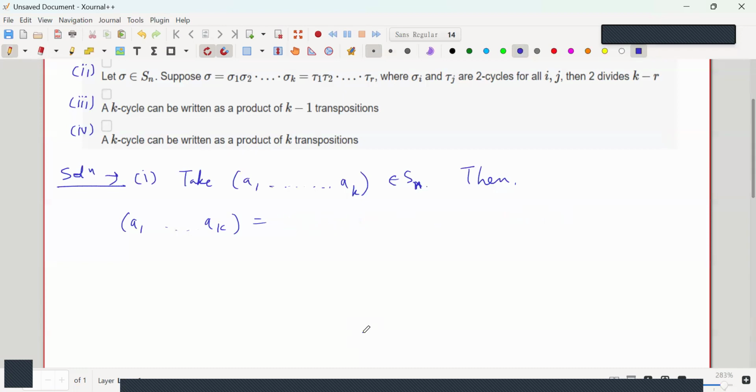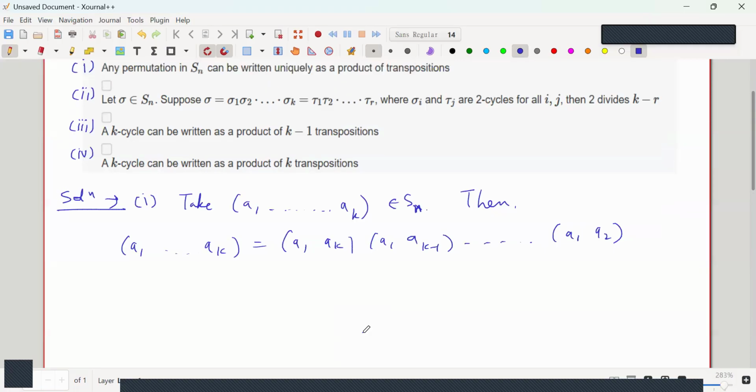So is it like that? A1 mapping to A2, A2 is not there, so that's fine. A2 mapping to A1, here A1 would be mapping to A3, so A2 would be mapping to A3. Similarly, AK minus 1 is mapping to A1, A1 is mapping to AK, so AK minus 1 will be mapping to AK, and AK is not there, and here it will be AK mapping to A1.